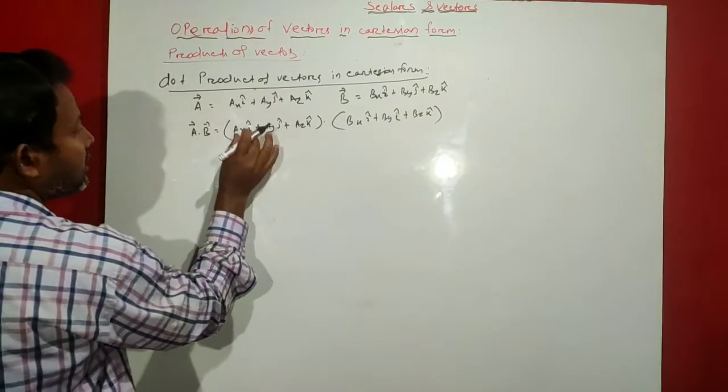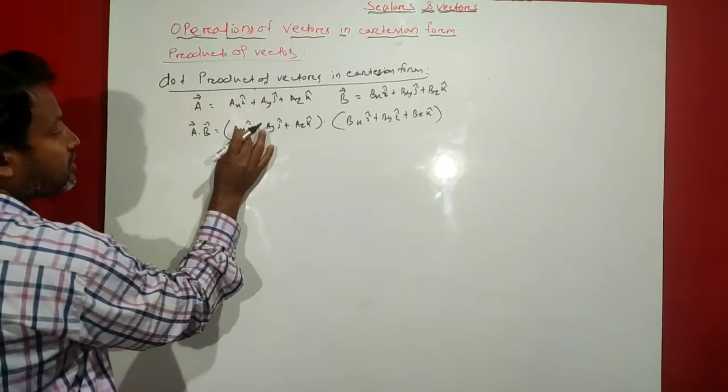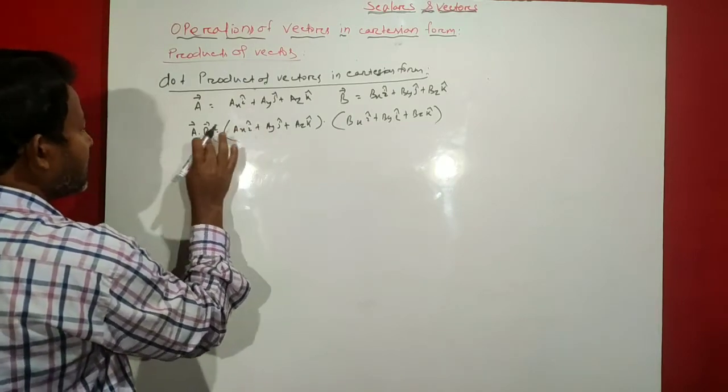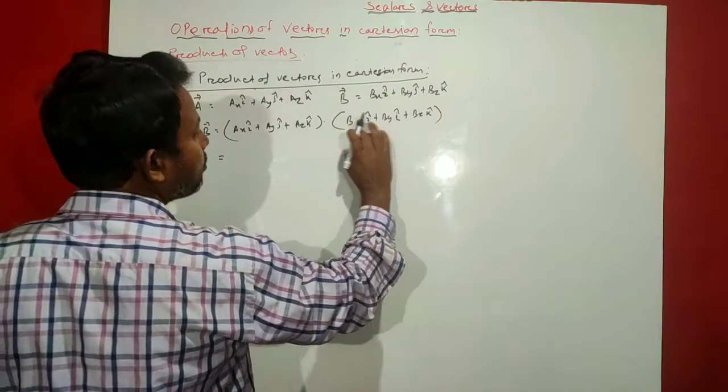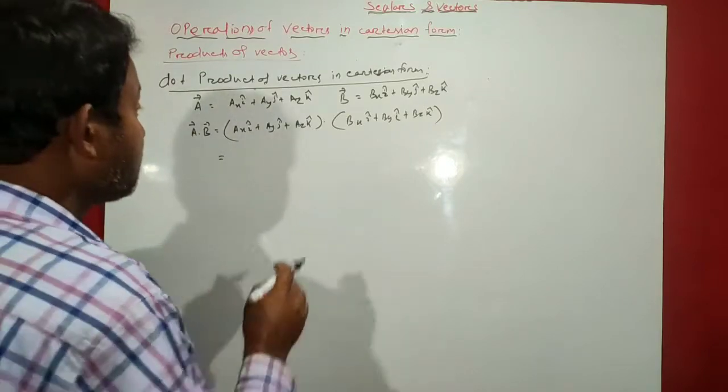Then first we multiply the first term of the first component of a vector with the whole component of b vector.